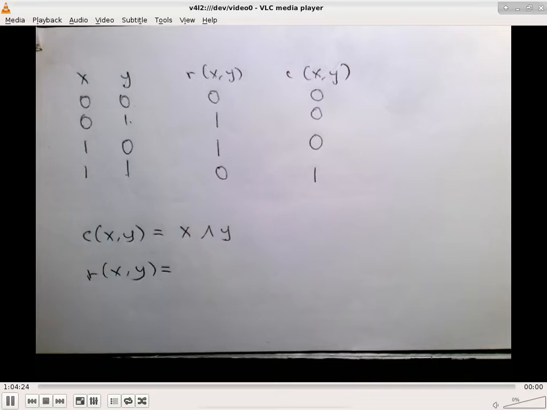So if I just look at each row where the result is a 1, I'll make a sub-expression so that when x is 0, y is 1, the result will be a 1. I'll have another sub-expression so that when x is 1, y is a 0, the sub-expression will also give me a 1. And then we OR these two things. That should give me the result that I need. Yes, go ahead.